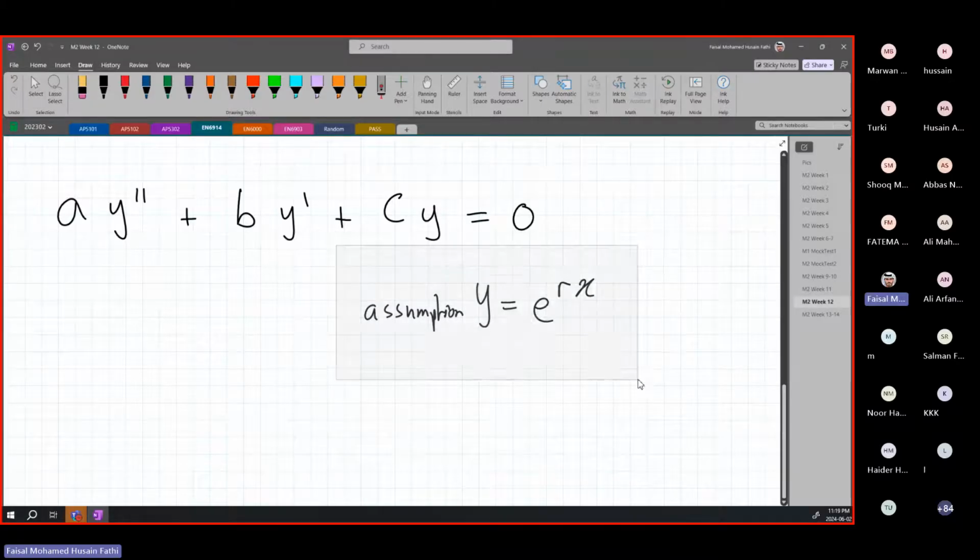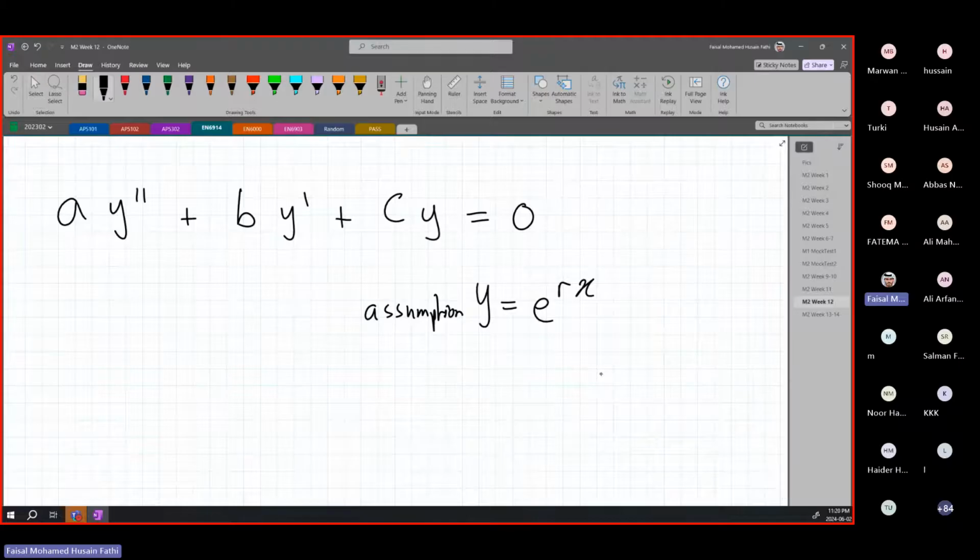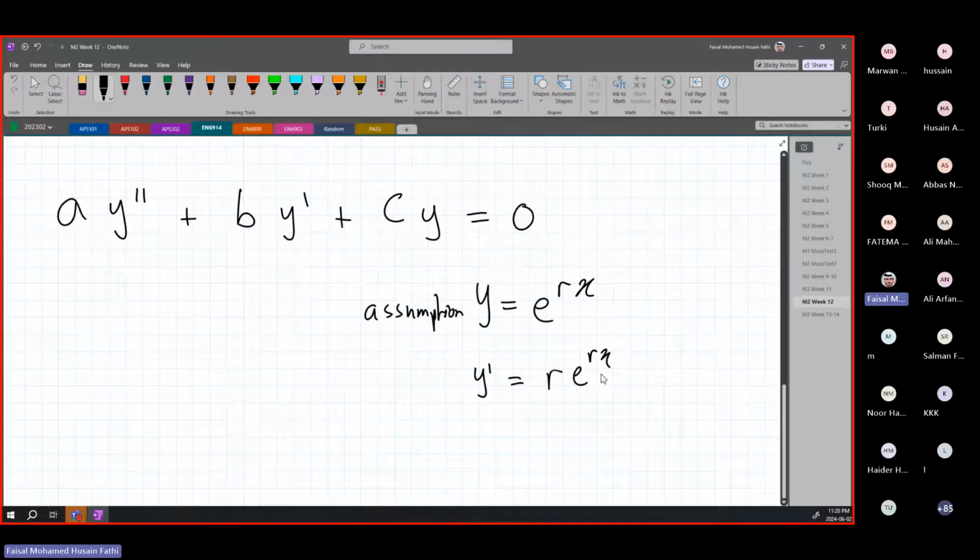This is what is usually done. This is just an assumption. So when we know that the value for y here is equal to e to the power of rx, we are making that as an assumption. Y prime will be r e to the power of rx, all right? You don't need to memorize any of this. This is just the theory. If you differentiate y in terms of x, remember, you're just going to take the r outside and multiply.